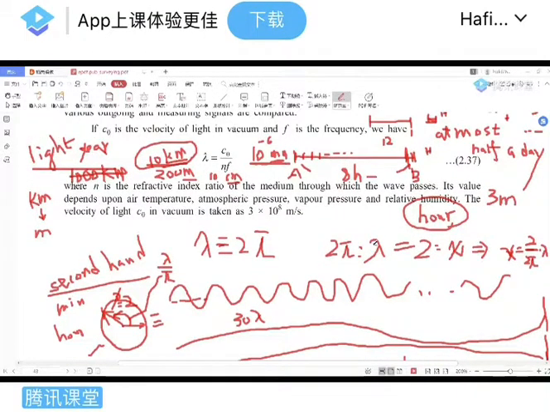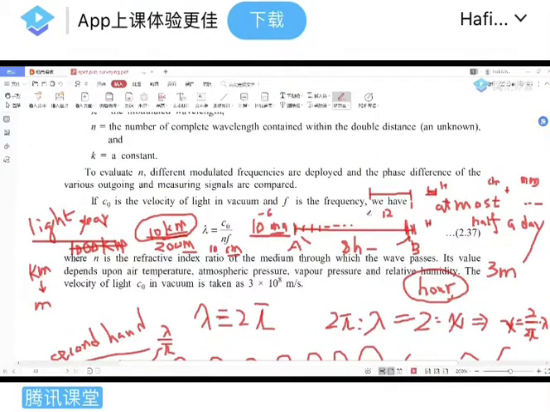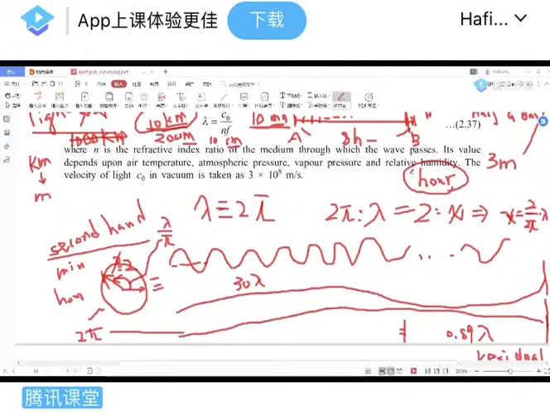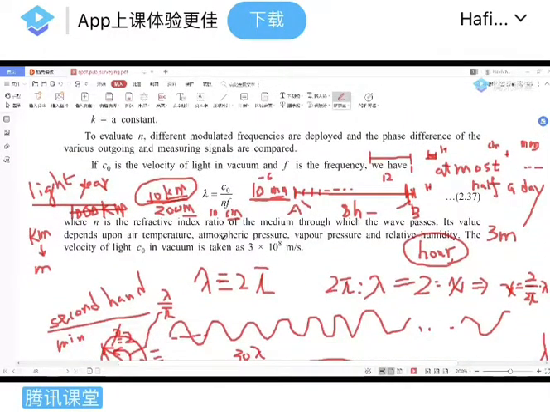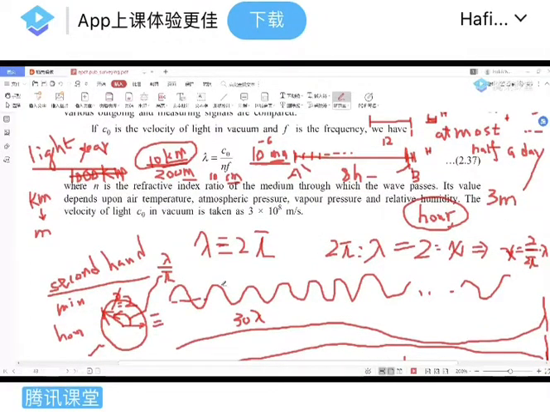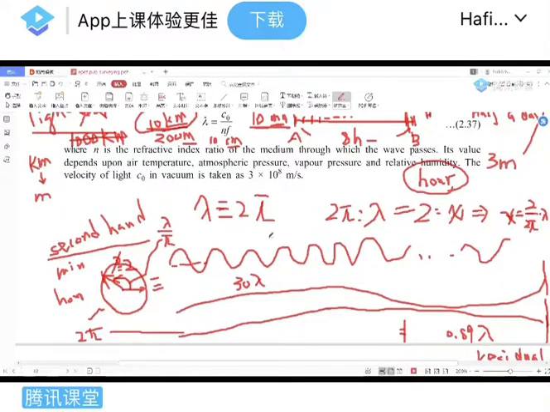For the detail, if you are interested, you can do your research, your essay on this. I only give you some very basic idea of how it works. Theoretically, you can easily visualize how it works.